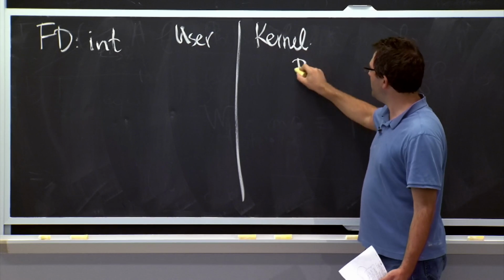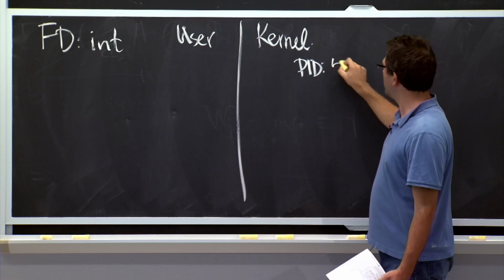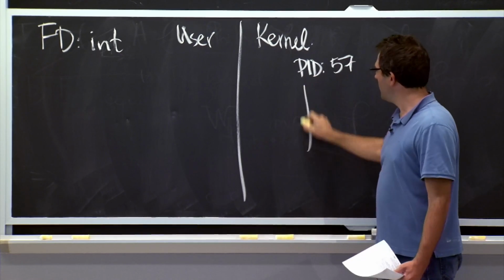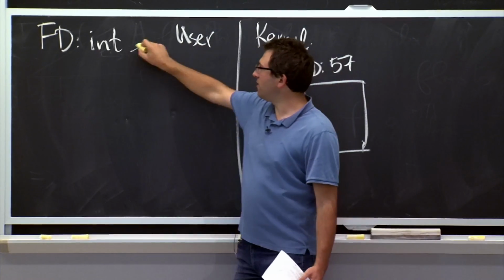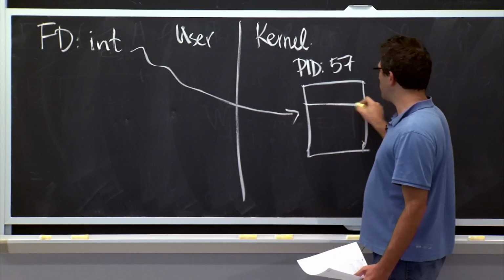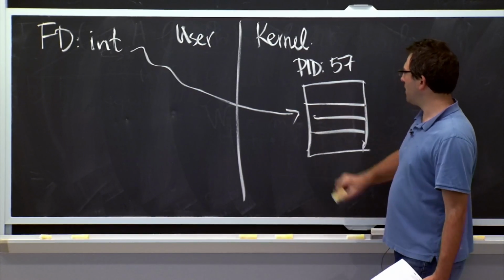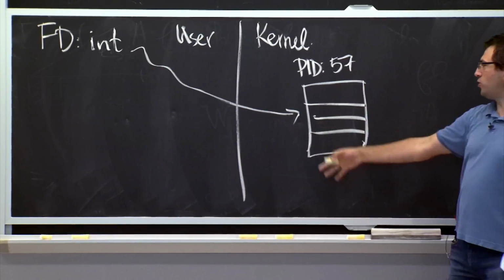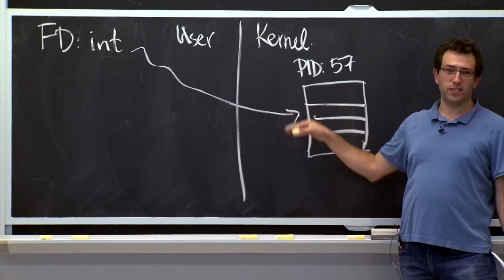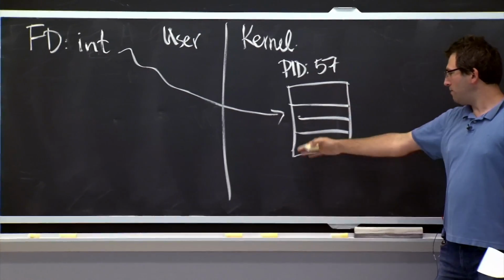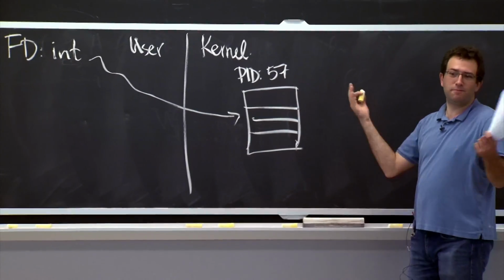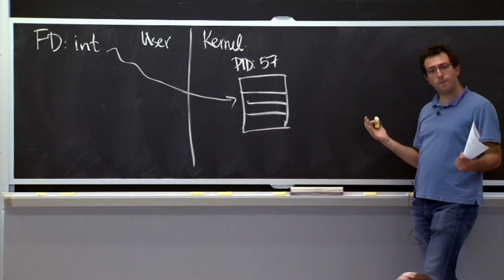So for every PID, let's say this is PID 57, some process running, it has an open file table, and each integer supplied from user space refers to some entry in this table. And of course, the kernel should check that the integer is in bounds in this table. It isn't negative, doesn't go past the end of the table. Otherwise, you will have the usual buffer overflow problems, et cetera.